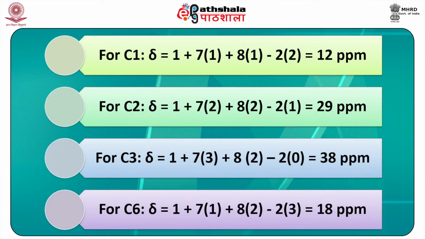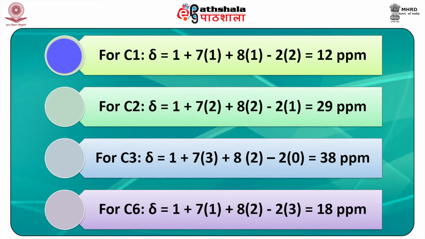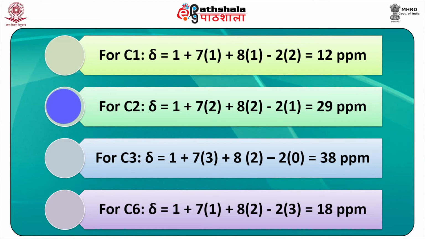For C1, the delta value will be 1 plus 7 multiplied by 1, because there is only one carbon atom which is away by one bond, plus 8 into 1 minus 2 into 2, which is equal to 12 ppm. For the second carbon atom, the delta value will be 1 plus 7 into 2 plus 8 multiplied by 2 minus 2 multiplied by 1, which is equal to 29 ppm.